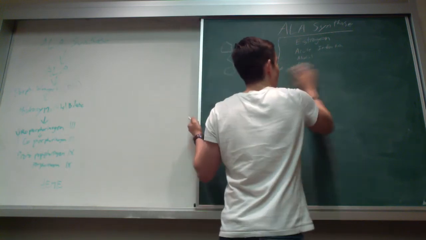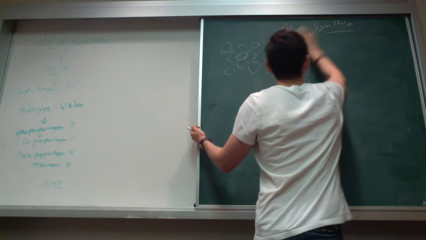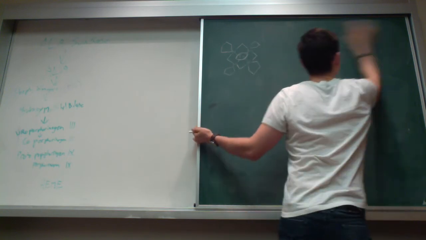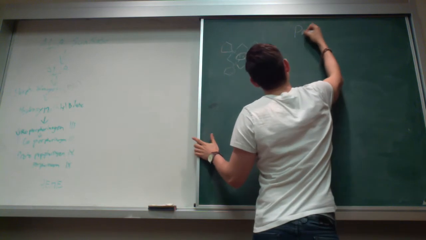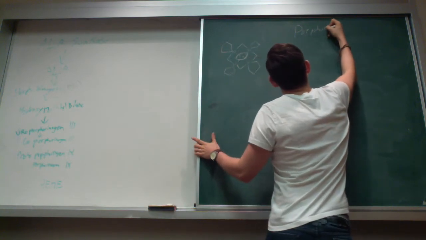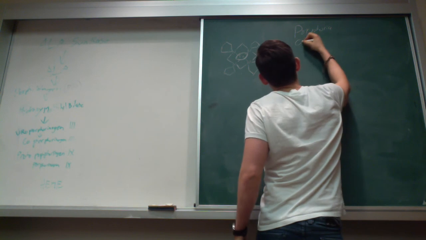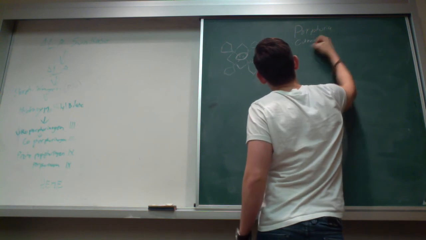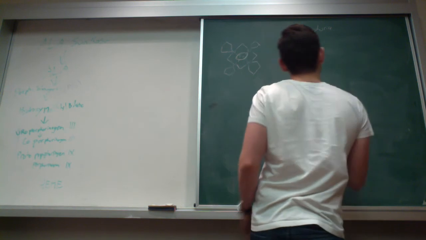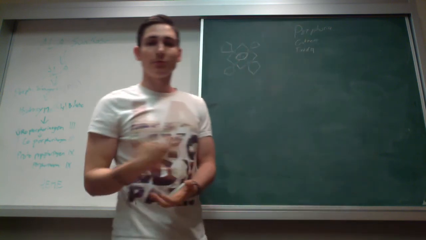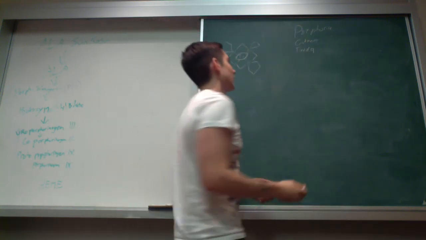All these porphyrias are genetic, except for one that is acquired. This one is called porphyria cutanea tarda, and this is actually caused by some form of liver damage.